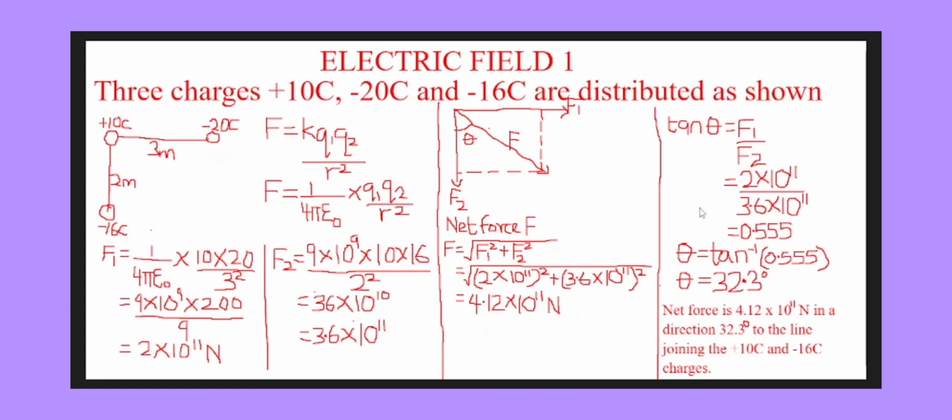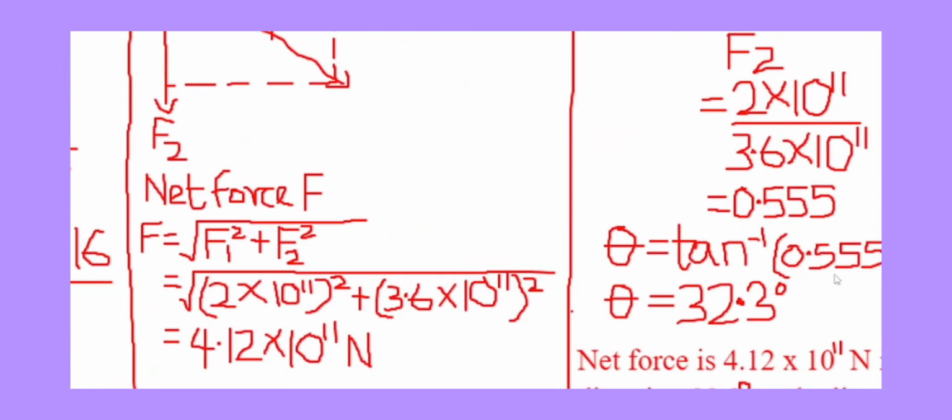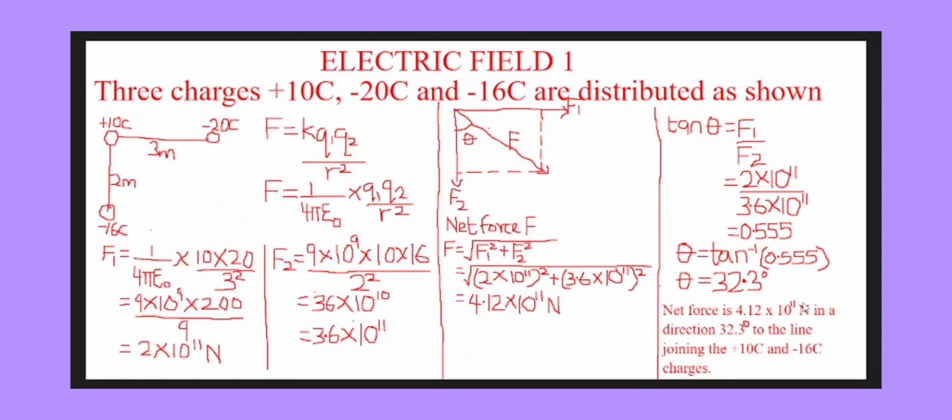If tan goes to the other side, it becomes arctan, and that will give me arctan of 0.555. If I press that correctly on my calculator, that will give me 32.3 degrees.